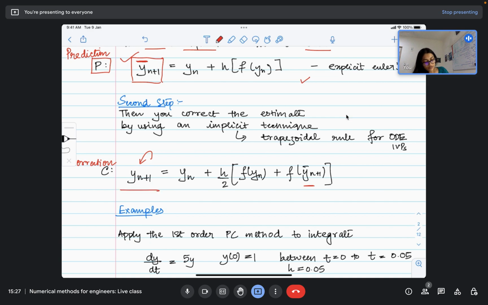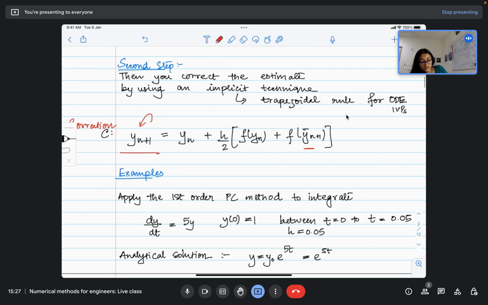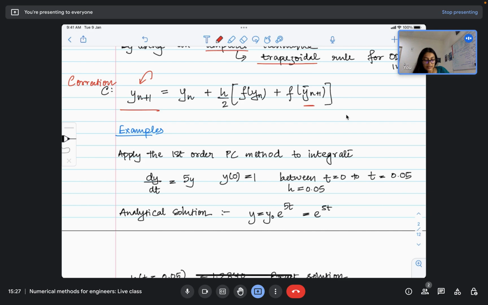So what we do is we basically correct the estimate, or correct the prediction that we had made, by using an implicit technique, and in this case I'm using the trapezoidal rule for the ODE IVPs. Okay, and the formula that we write is yn plus 1 is equal to yn plus h by 2 times f of yn plus f of yn plus 1 bar.